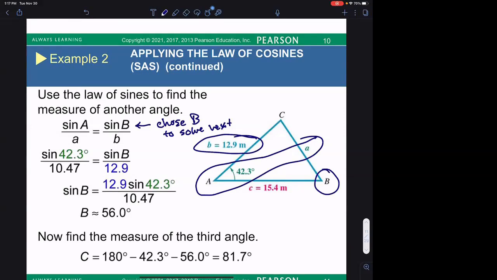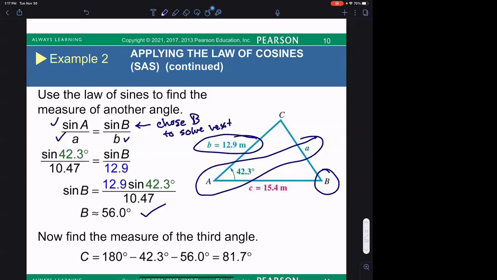So if we know sides A and B, and we have angle A, we use those to solve for angle B. And so they plug those in, and when they solve for angle B, they get 56 degrees. So you plug in the three that we know, and then solve for the one that we don't know. We know this, we know this, we know this, and then we solve angle B.